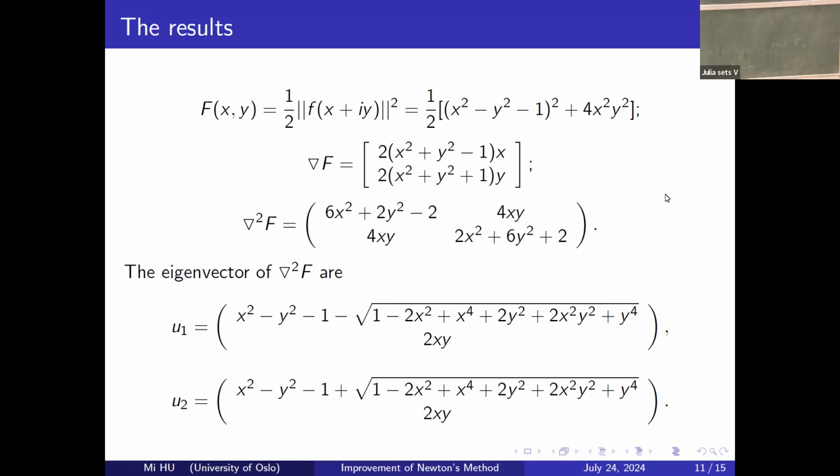Then these two cases are not difficult to say how the orbits will go, because when x is not equal to 0 and y is equal to 0, then this guy also equals 0. Then it's easy to calculate your eigenvalues, and easy to say which direction the vector WK points. So these two cases are easier.